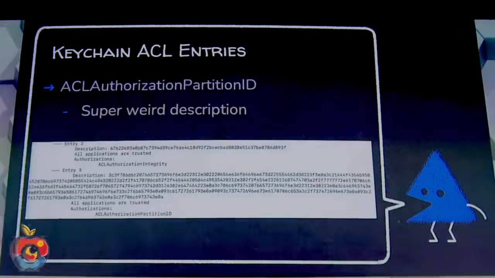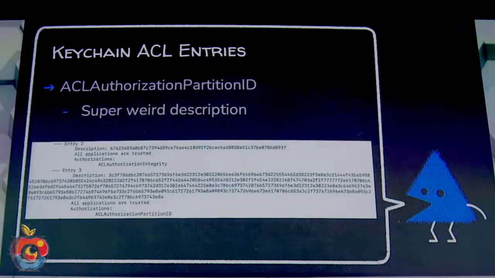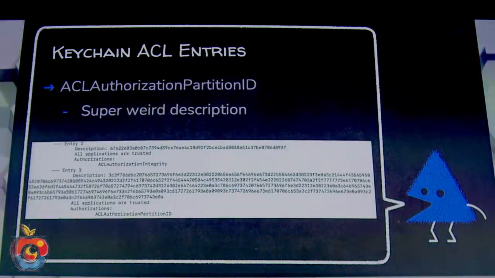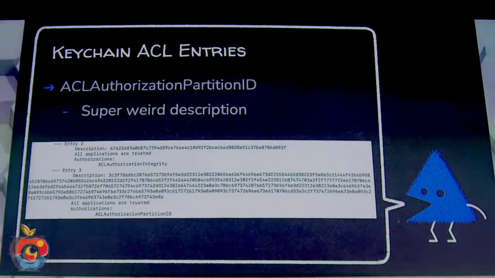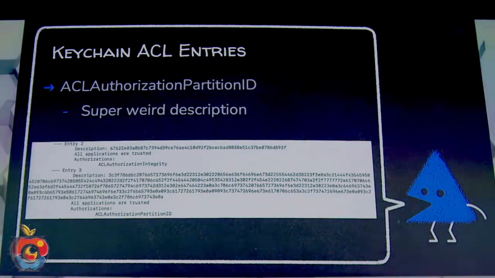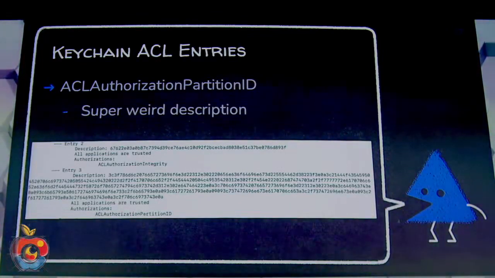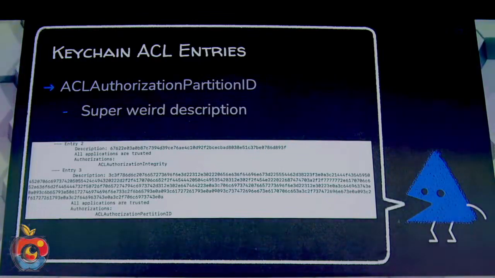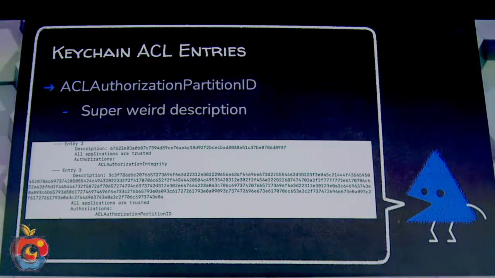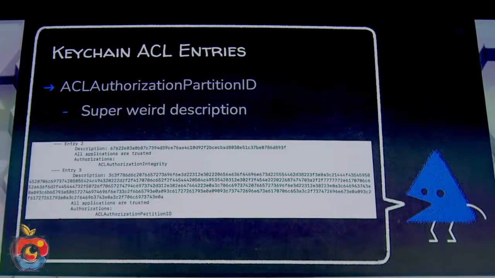Now, as we go through and start looking at keychain entries and these access control lists, some of these operations are pretty straightforward. Like I talked about, export clear, the authorization to sign, to encrypt, all this sort of stuff. There are two that were kind of opaque, not quite clear what they're doing.